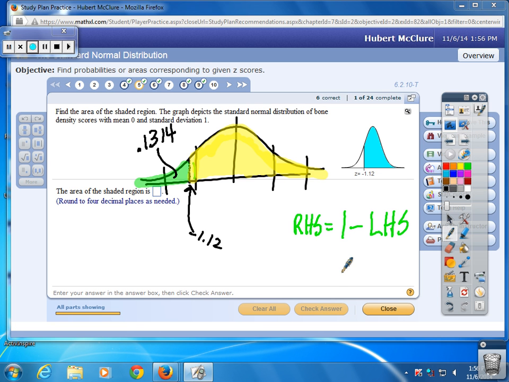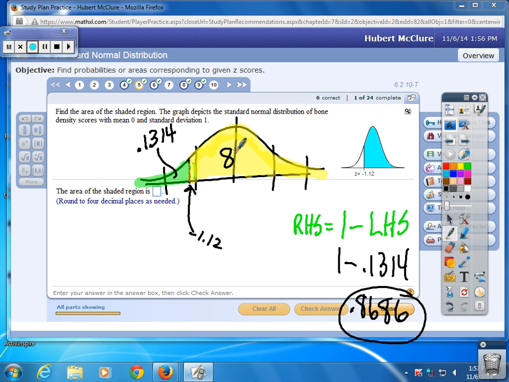So that's going to be equal to 1 minus 0.1314, and that's going to be 0.8686. So what's the percent in yellow? 87%. Of course, they don't want 87%. I'm just trying to show you what that means. It's 0.8686.